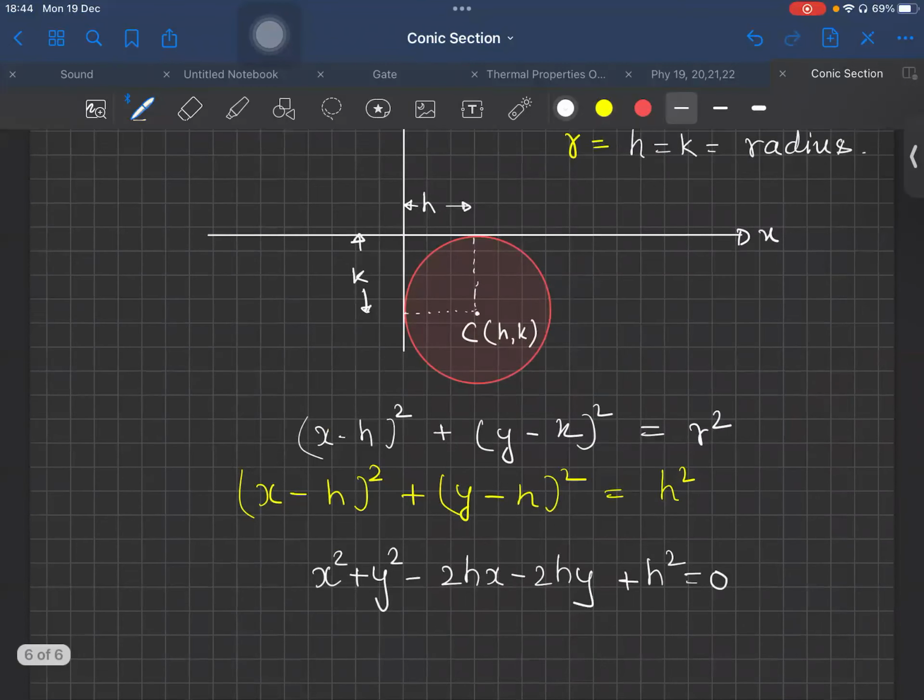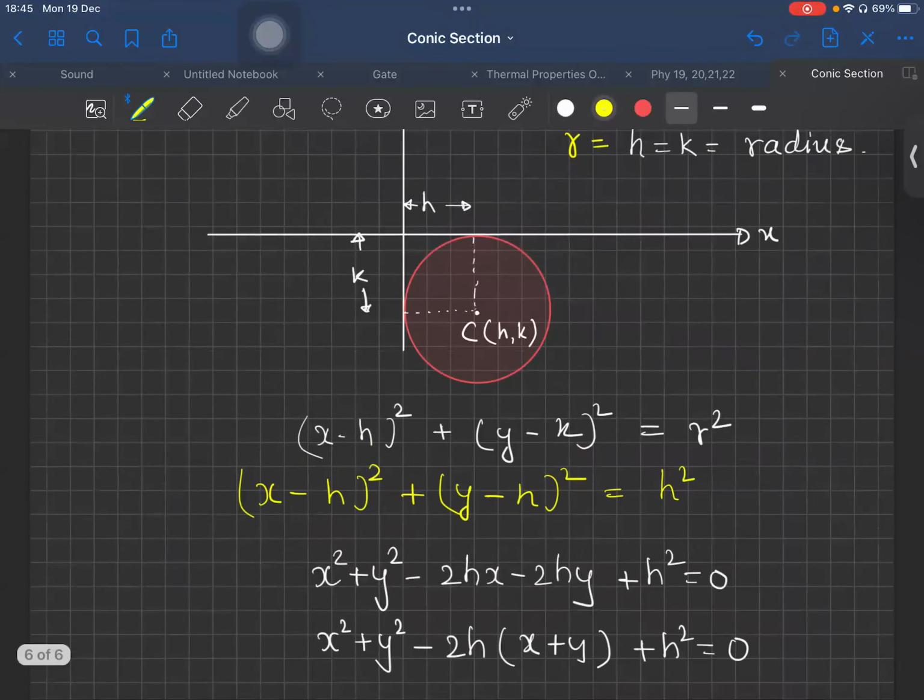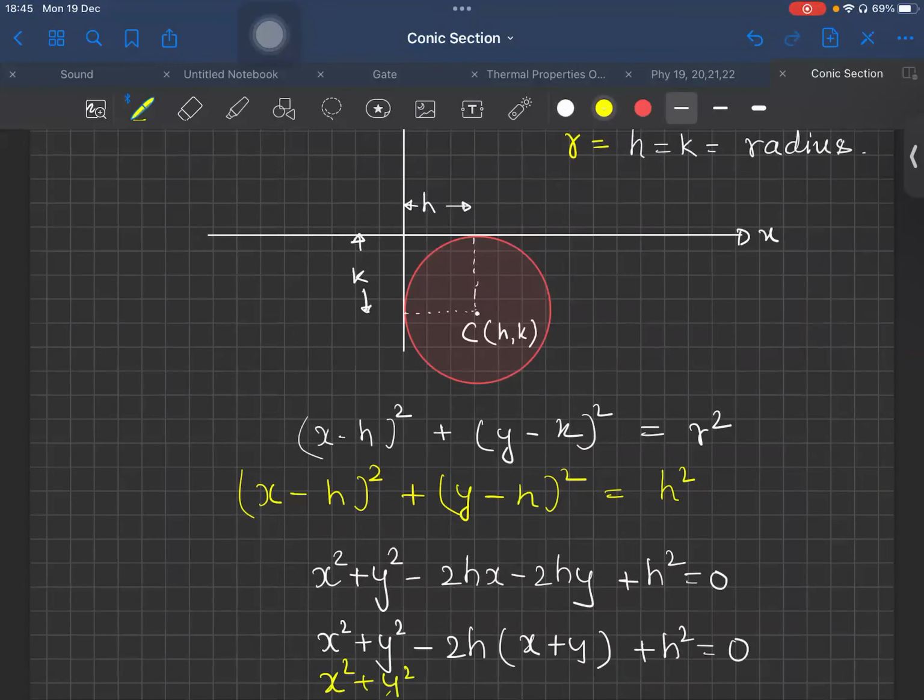Or you can also write this as x square plus y square minus 2h, taking common, x plus y, plus h square is equal to 0, isn't it? Both are correct. Or if you want, you can write in terms of k. So it will become x square plus y square minus 2k times x plus y, plus k square is equal to 0. Okay, all are correct.